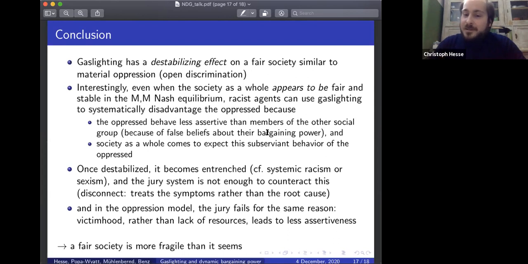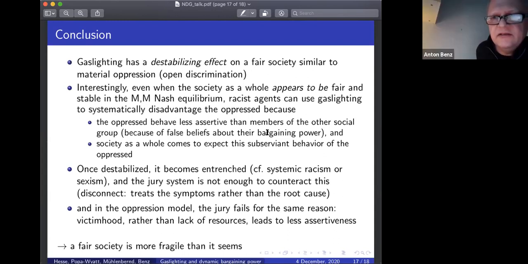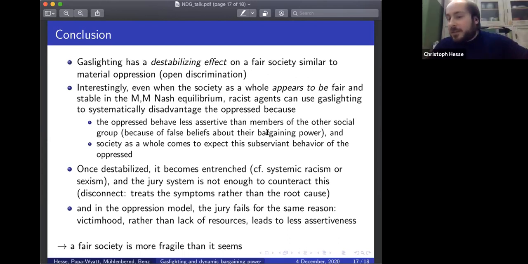But the victims still have the memory of encountering racists. So even though they have more bargaining power than last time, they still act less assertive because the memories in the payoff expectation calculation have been altered by being a victim.